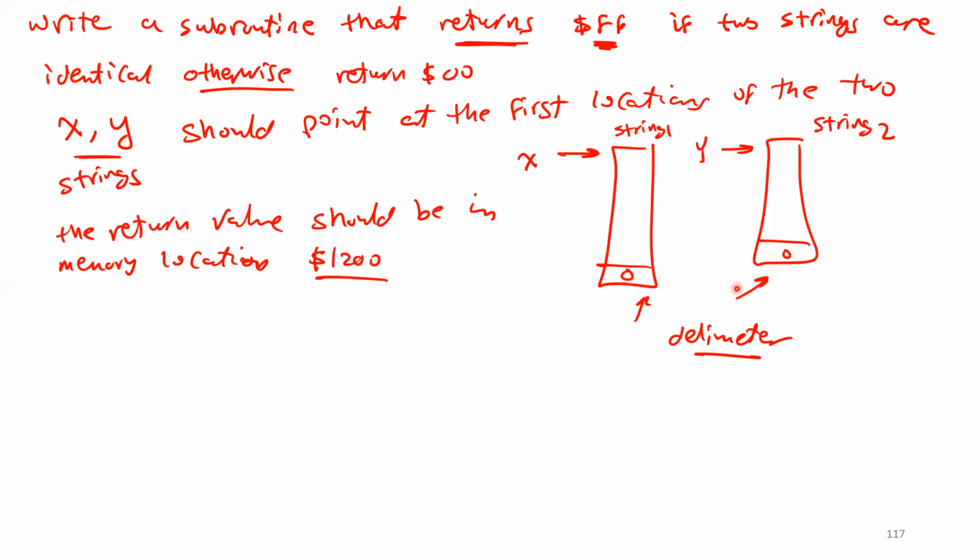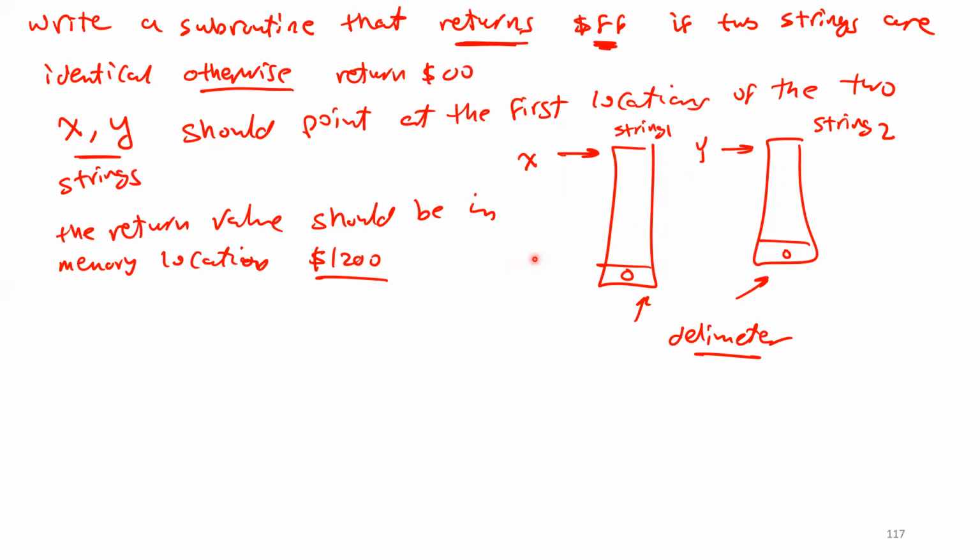Once I find zero, I'm done, right? So what I'm saying is, there are two cases here, guys, listen to me. One case: when I compare element by element, if I find one element here that does not equal the element here, what it means is I don't need to continue because the two strings are not identical.